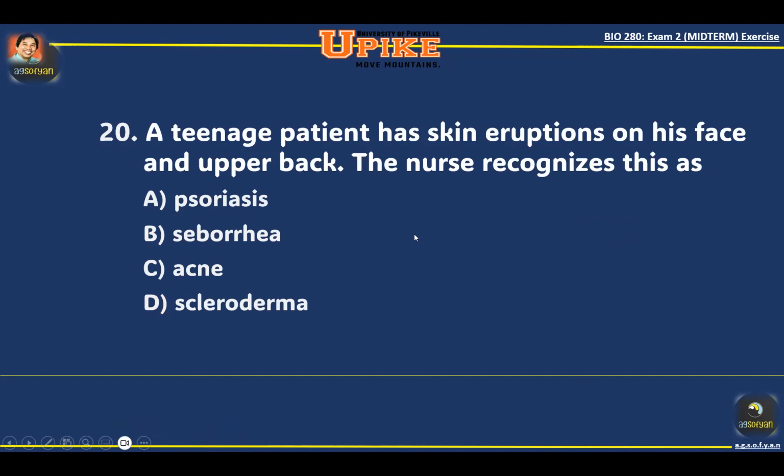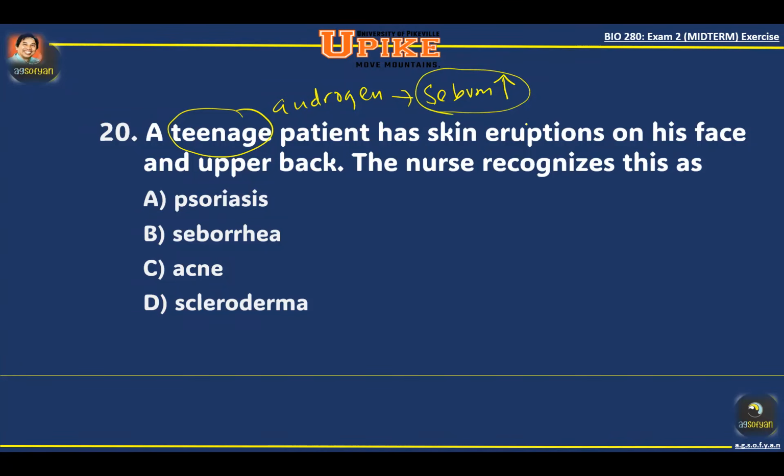A teenage patient has skin eruptions on his face and upper back. The nurse recognized this as, A, B, C, or D. Teenagers usually produce a lot of androgens. This androgen increases the sebum or oil production, right? And then it will cause some bacteria to give an infection in this area.